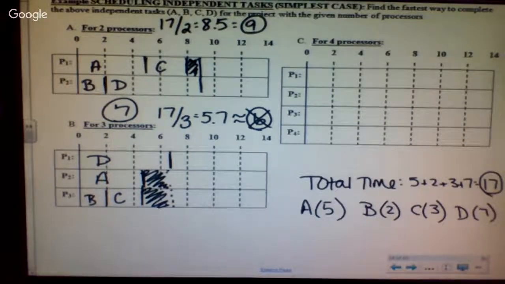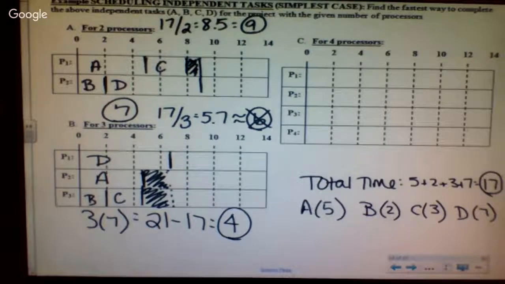So if I have 3 processors, 3 people, and each of them work 7 hours, how many total hours is that? 21. So if I have 3 people and they each work 7 hours, that's 21 hours that they work. Well, it should only take them 17. That's my total. So they've got 4 hours of idle time.